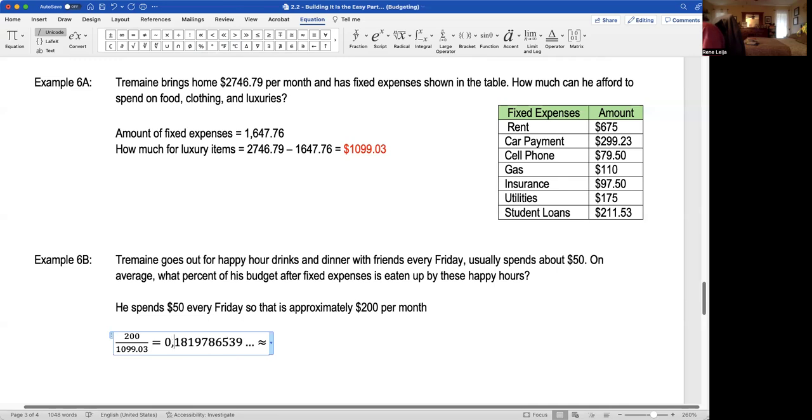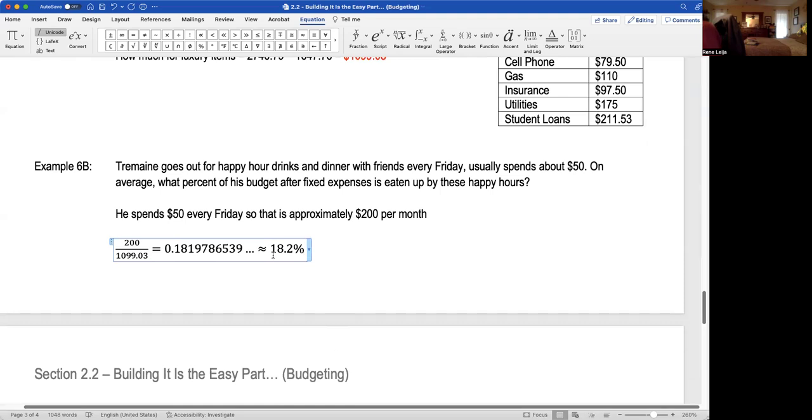So I move it two places over. So that's 18.19... Okay, so the 9 is going to bump that up. So that means this is going to be approximately 18.2%. Wow, I think that's kind of a lot. Okay, and this is your answer.